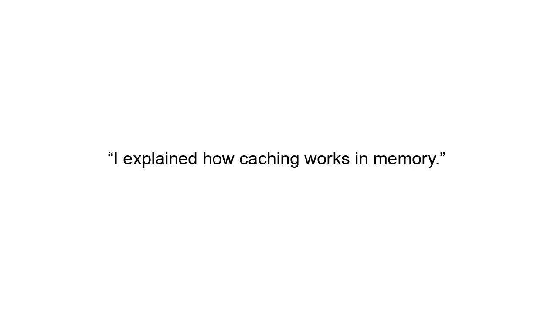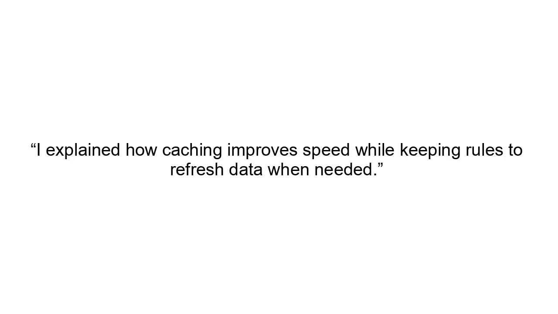3. Explaining only the technical side. Bad answer: I explained how caching works in memory. Better answer: I explained how caching improves speed while keeping rules to refresh data when needed. 4. Not confirming understanding. Bad answer: I explained it and moved on.